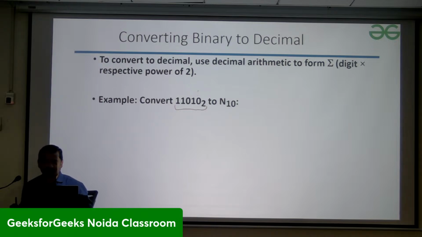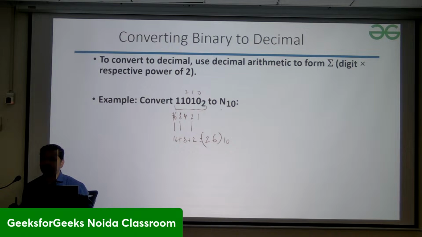So this is 0, 1, 2, or we can have the values corresponding to this, like 1, 2, 4, 8 and 16. 16 is included, 8 is included, now 2 is included, so we have to add these. So it is 16 plus 8 plus 2, that is going to be 26 base 10.